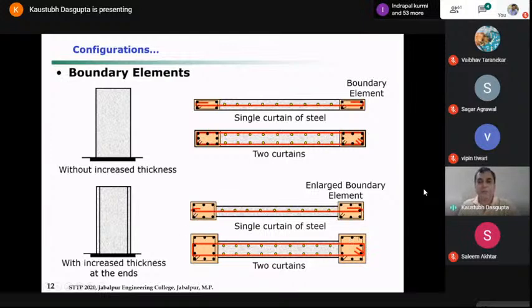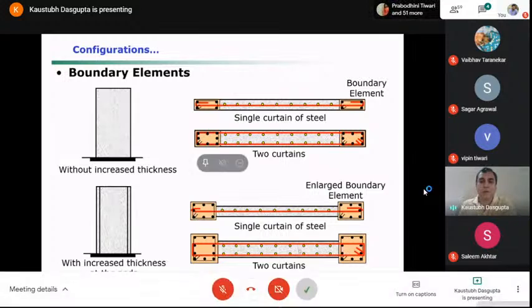So if you pack the two ends of the wall with more and more steel, you increase the moment capacity, because the available lever arm of these two ends is the maximum. Okay, so instead of putting more vertical bars in the intermediate portion of the wall, we tend to put more bars at the ends. That's the natural tendency of increasing the moment capacity.